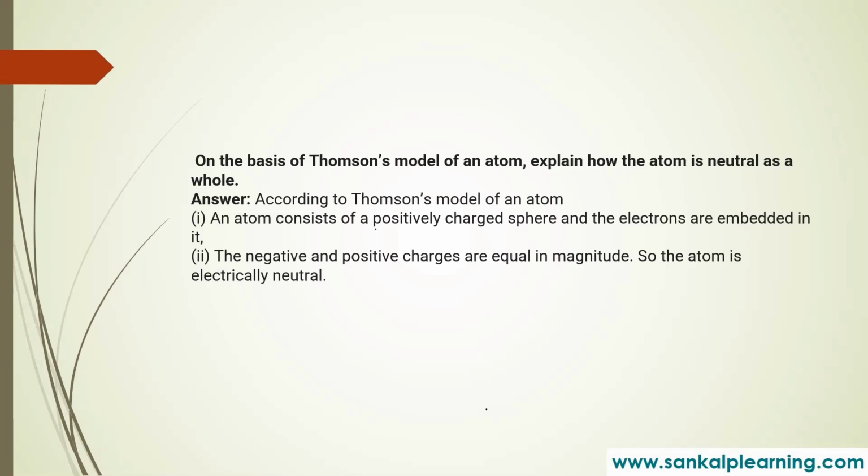We compare it to a watermelon: the red part is the positive sphere and the black seeds are the electrons. Therefore, the atom is electrically neutral. I hope this is clear to you.